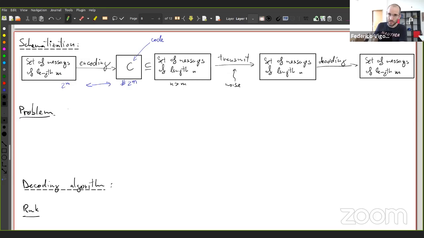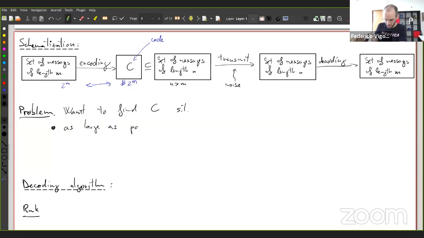We want to find a good code C, such that it is as large as possible. Meaning that n should not be too much larger than m.